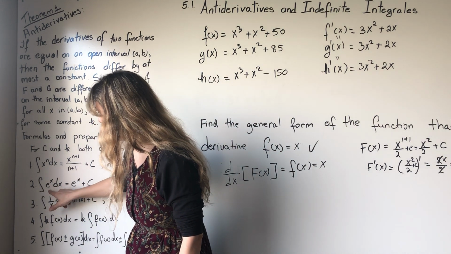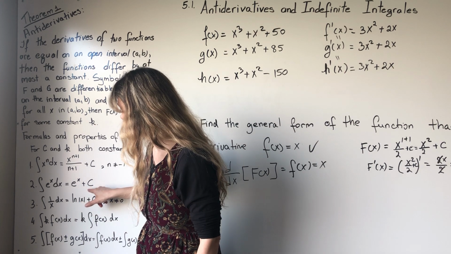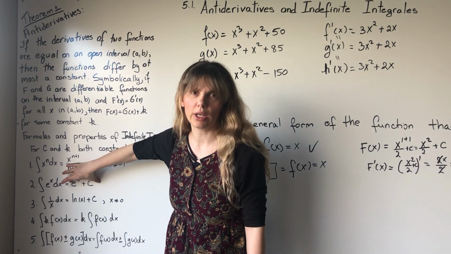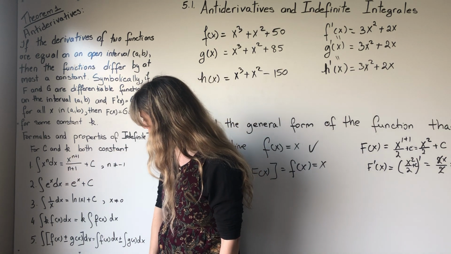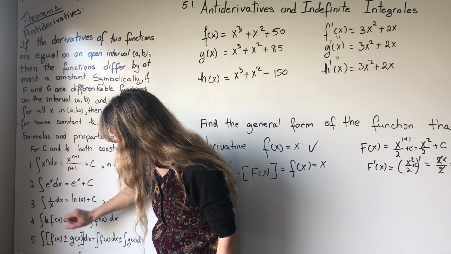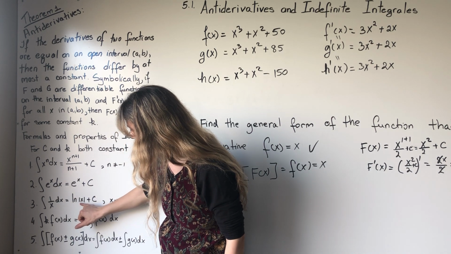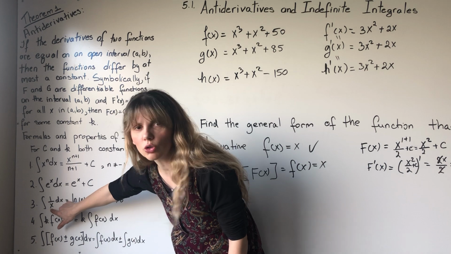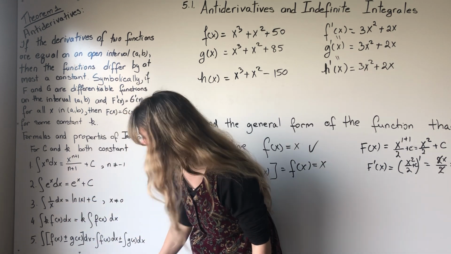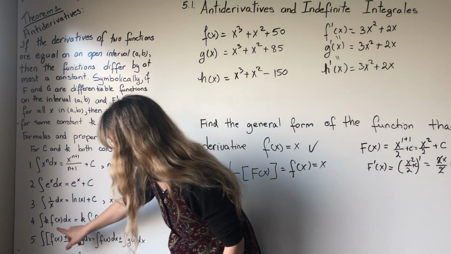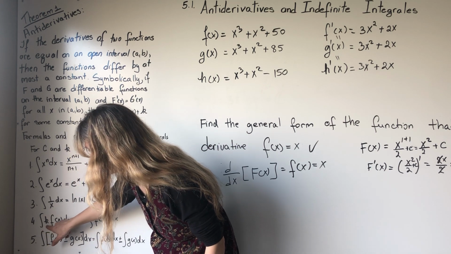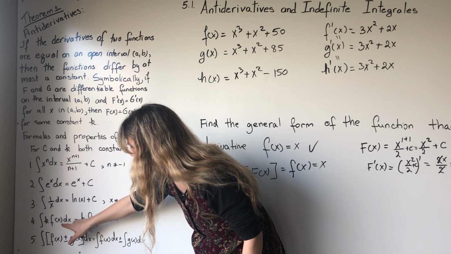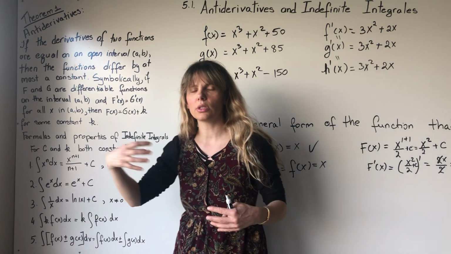The second one, the integral of e to the x is equal to e to the x plus c. If I take the derivative of this, what do I get? I will get e to the x. Very good. The integral of 1 over x dx is equal to the natural log of the absolute value of x plus c, where once again we have to put a condition that x cannot be 0. Correct? If you have an integral of any constant k times the function, you can take the constant in front.